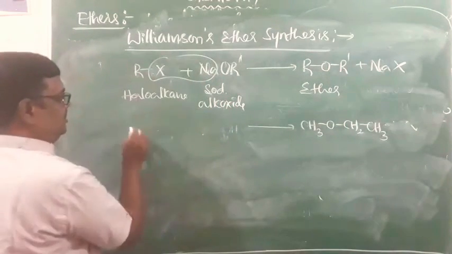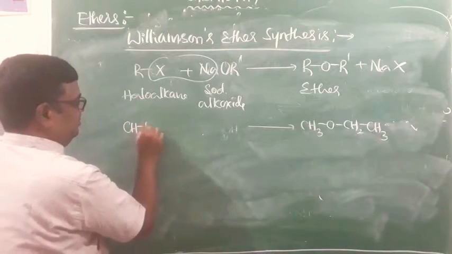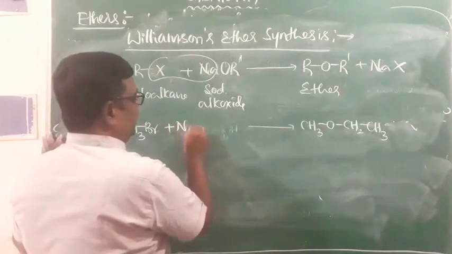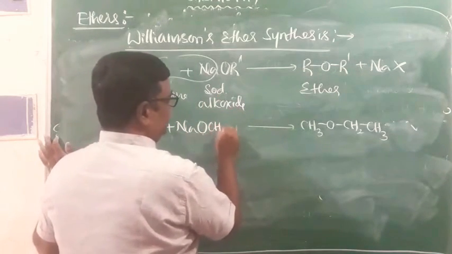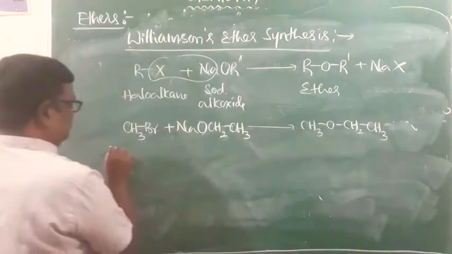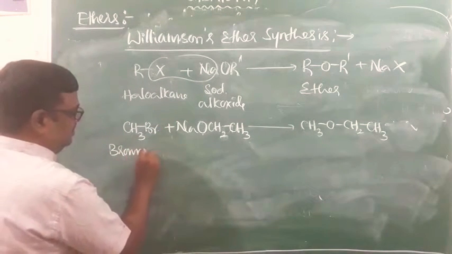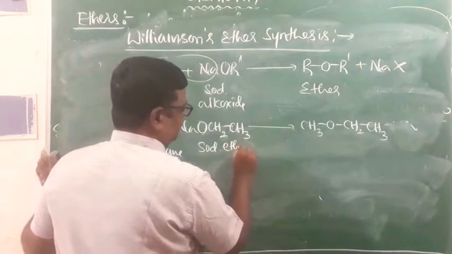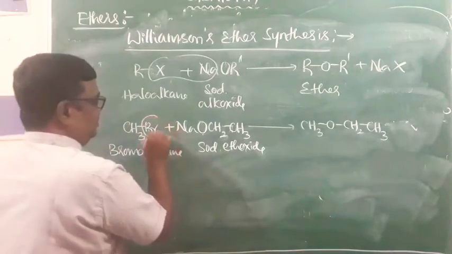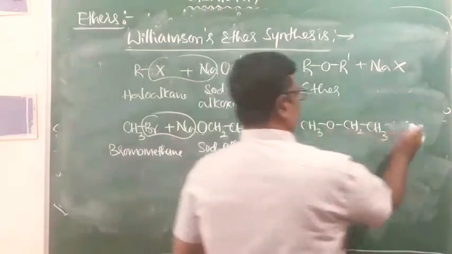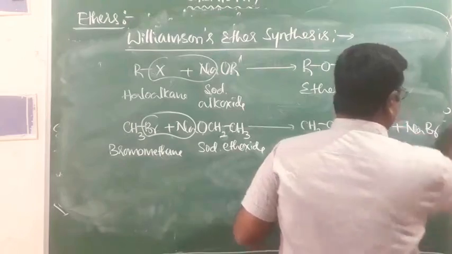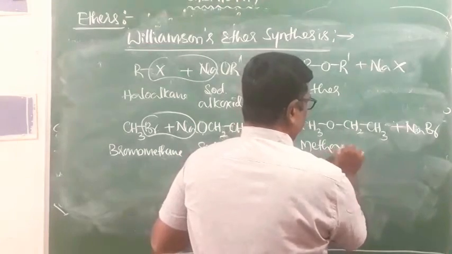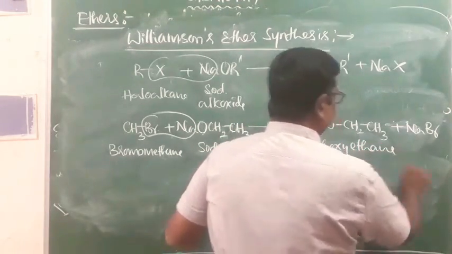So CH3Br, bromomethane, X can be any halogen atom, plus NaOCH2CH3, sodium ethoxide. NaBr is taken out, and you get this compound, methoxyethane, or ethyl methyl ether.